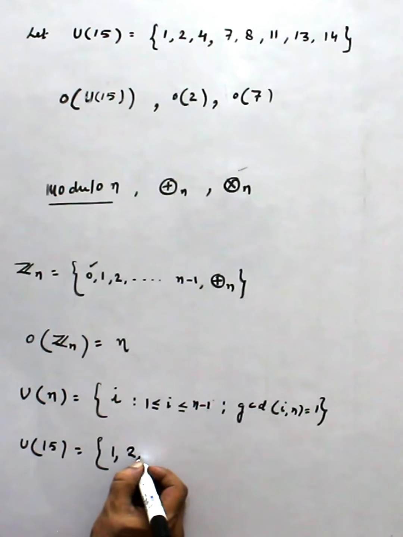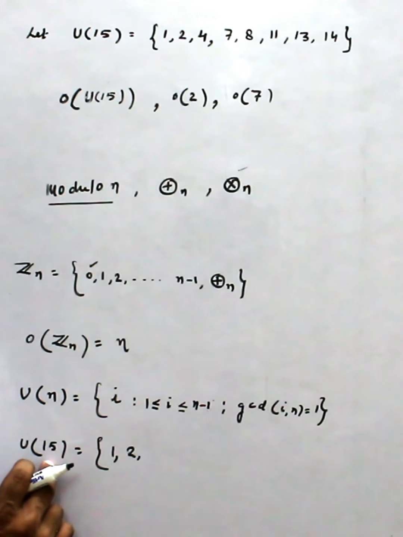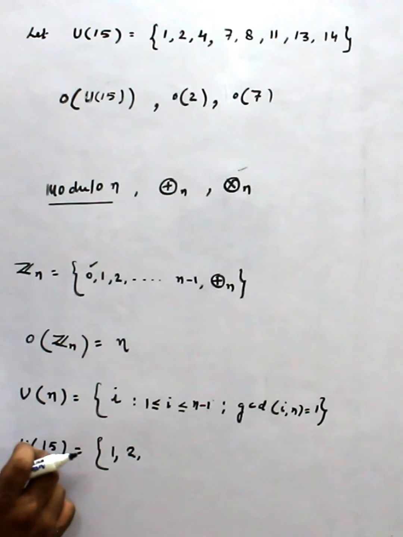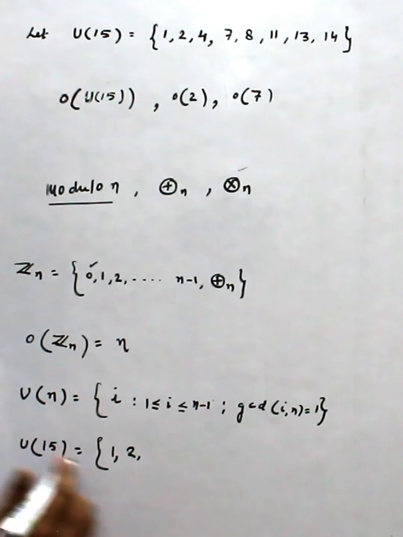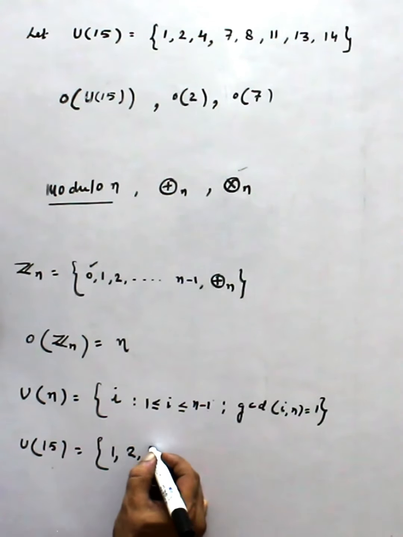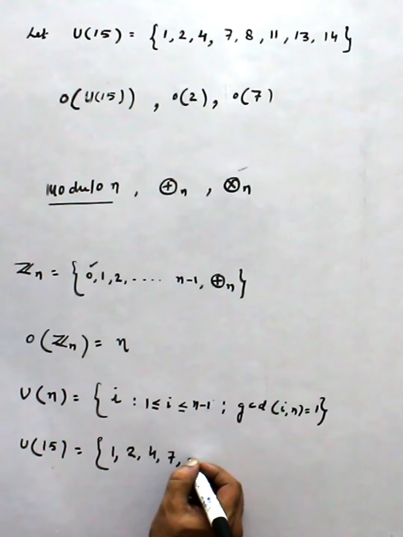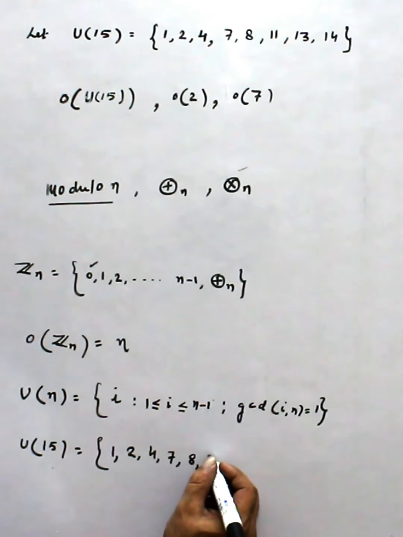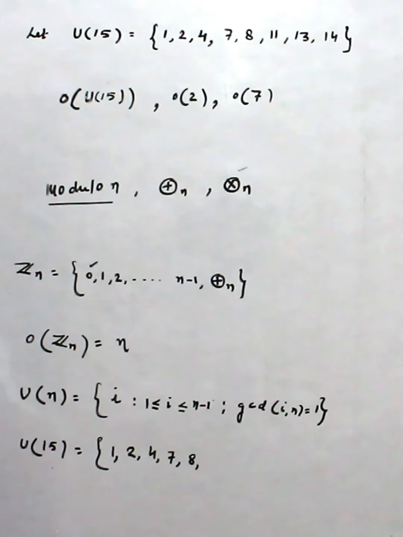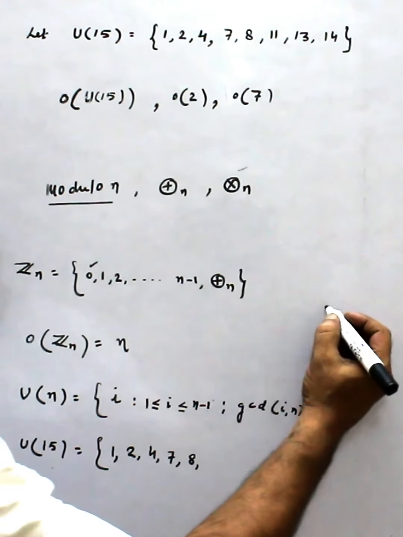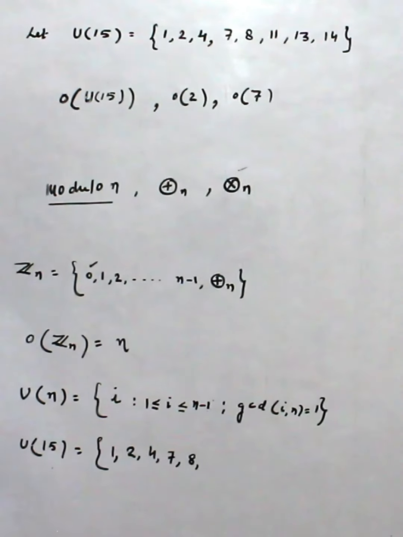Second, 2. 3 we cannot take because 3 has a common divisor, 3. So we can take 4, 5 we cannot take, 6 we cannot take. Thereafter we take 7 and 8 we can take. 9 we cannot take because the common divisor of 9 and 15 is 3.